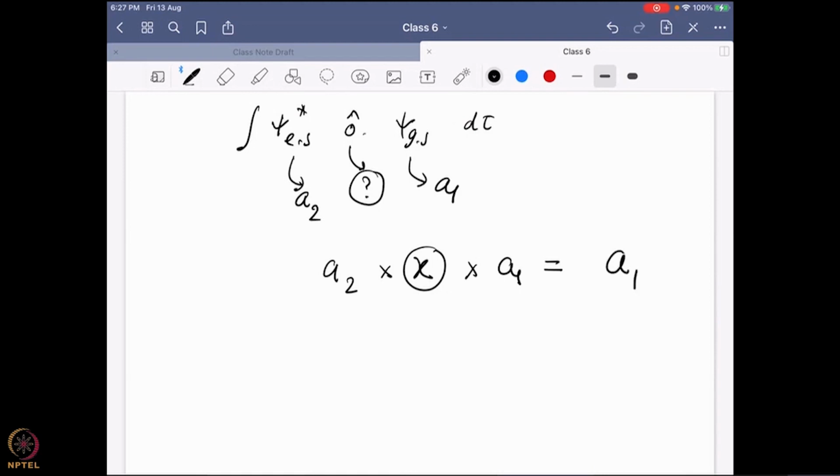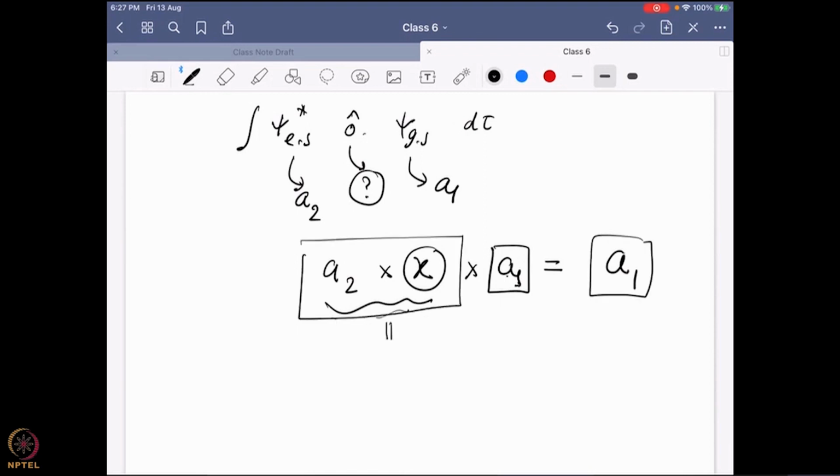This is only possible because the last one is already A1, so these two have to be multiplied and give you A1 back. You will learn those things when Professor Leela goes through them. I'm just giving a brief on that because A1 is totally symmetric, so if you multiply anything with it, it will give you that other term back. And you require A1, so all these things should come together and give you A1. Only then A1 into A1 will give you an A1.